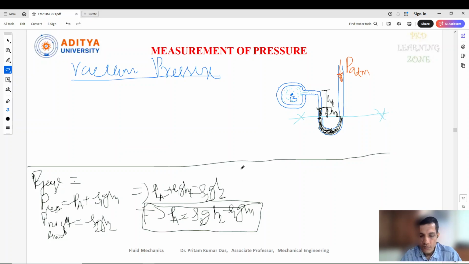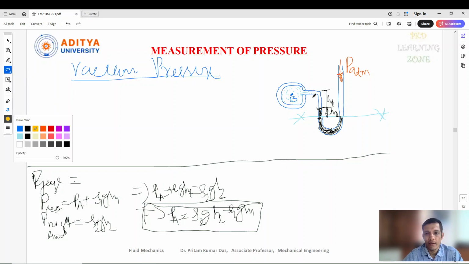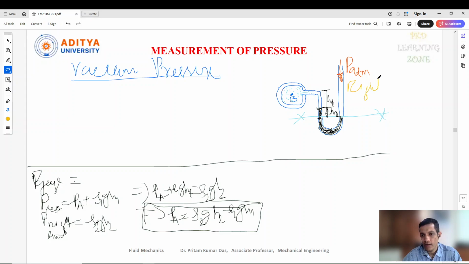Now similarly for the vacuum pressure condition. This is your right limb and this is your left limb. Let's find the pressure at point B for vacuum pressure.